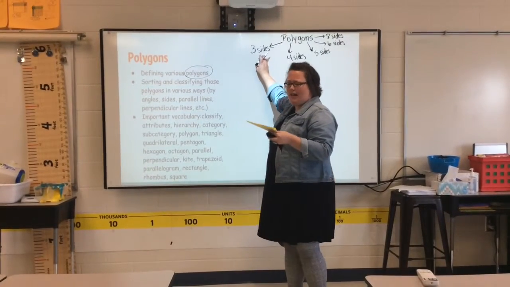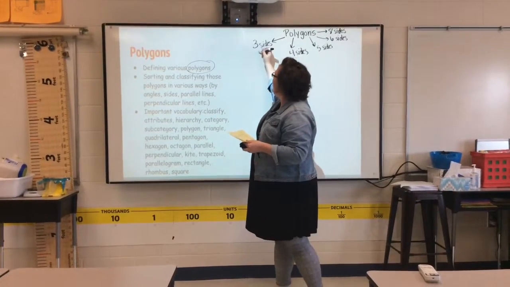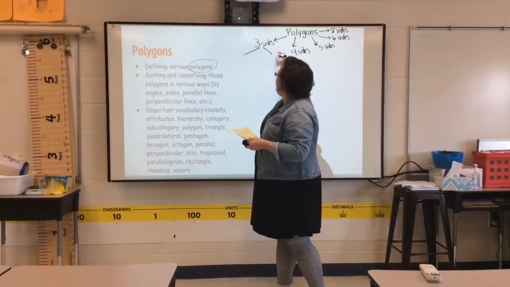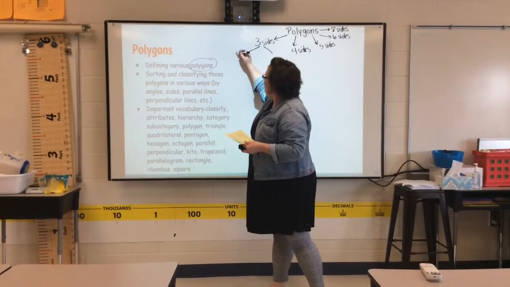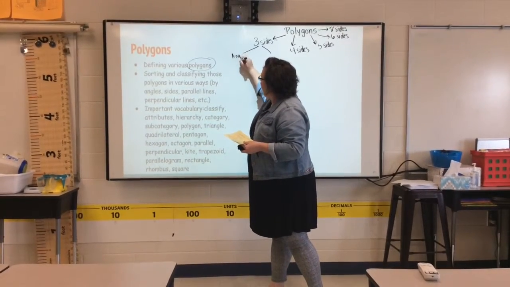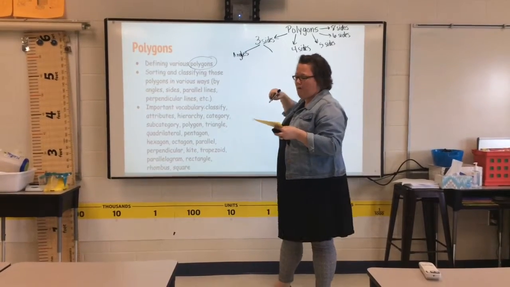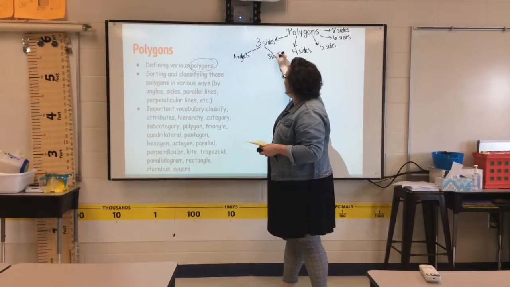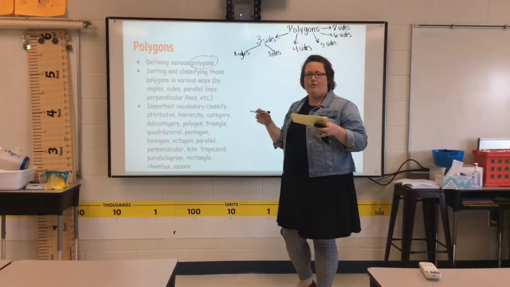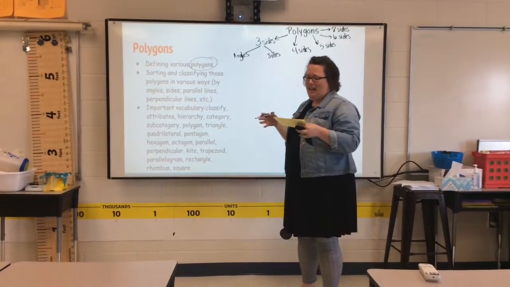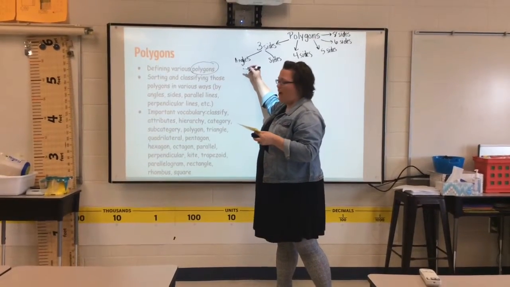Okay, but with the triangles, let's talk about that for just a minute, because triangles can be broken up into 2 categories. They can be broken up based on their angles, but they can also be broken up based on special attributes about their sides. So different angles of triangles.